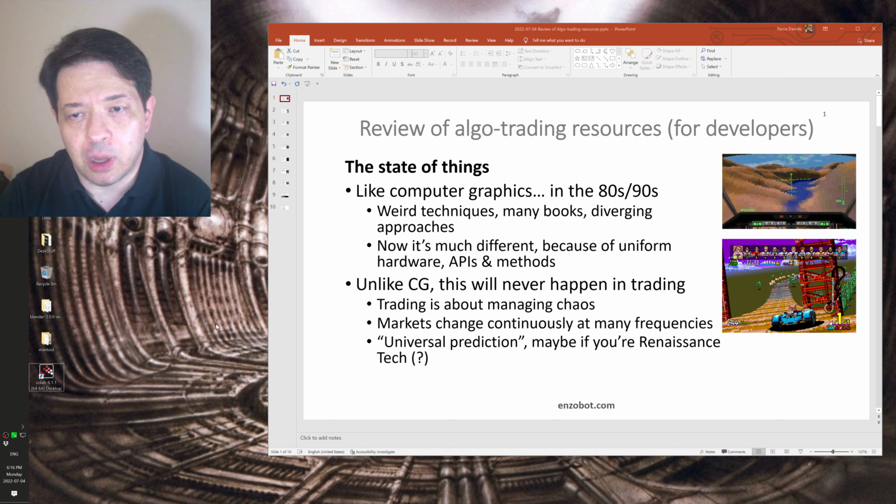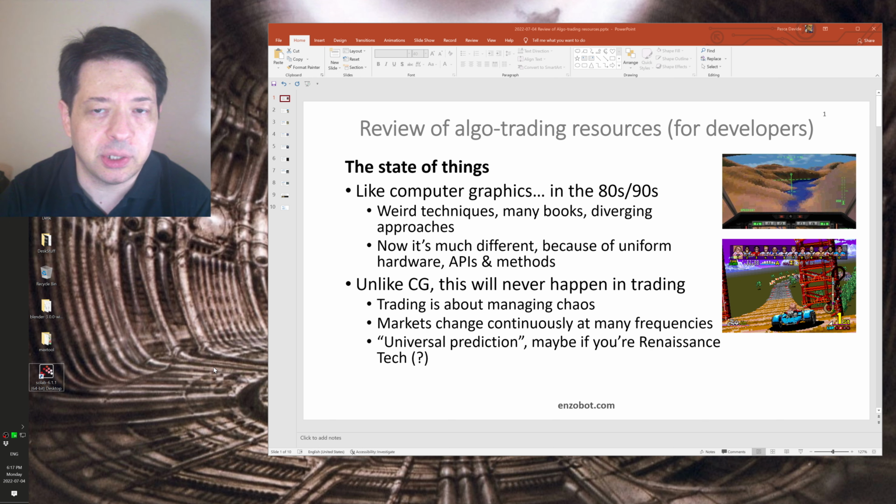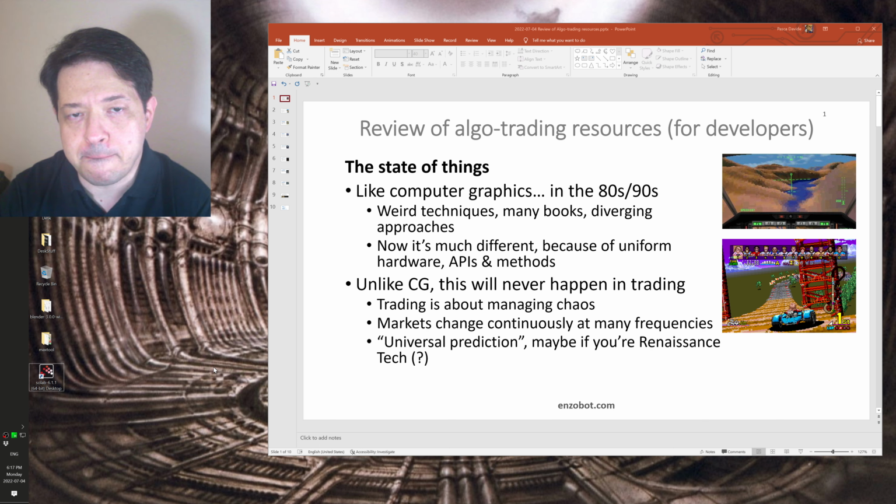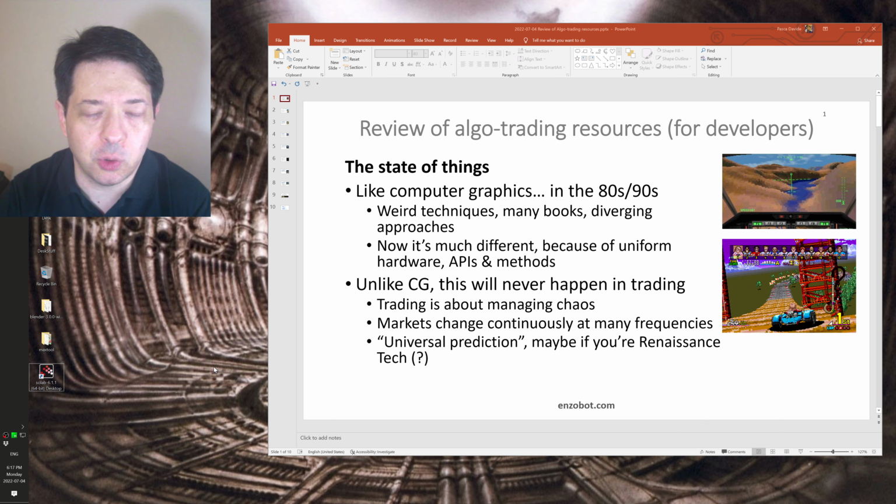So first, I would like to do kind of a state of things when it comes to algo trading. Not many may relate to this, but I relate algorithmic trading to computer graphics in the 80s and 90s. That's when there wasn't really well-defined hardware that could do computer graphics, and people weren't quite sure what techniques were going to win.